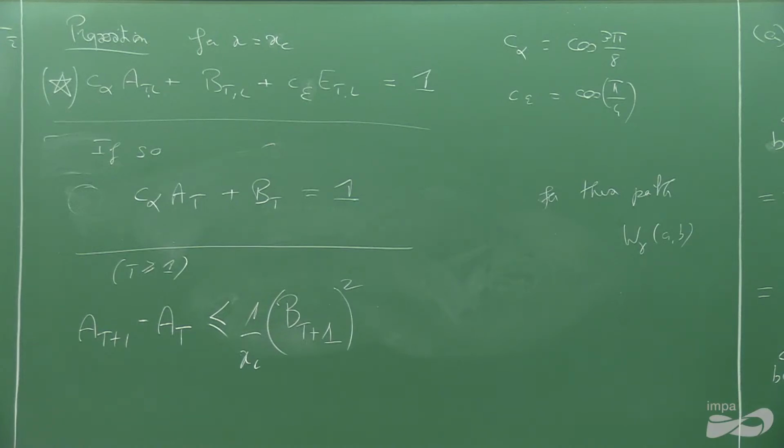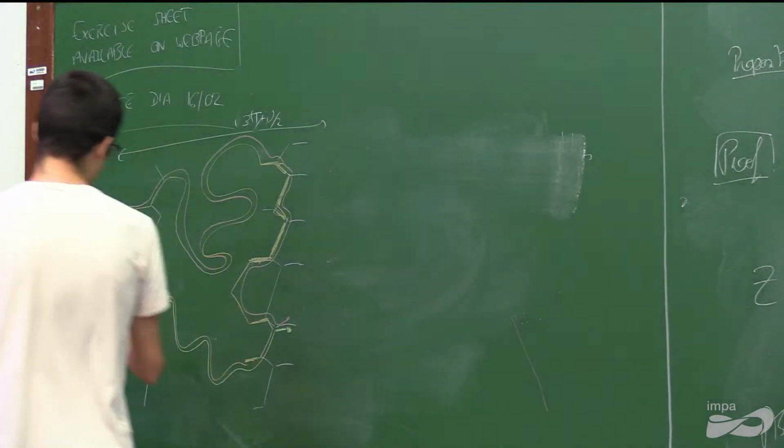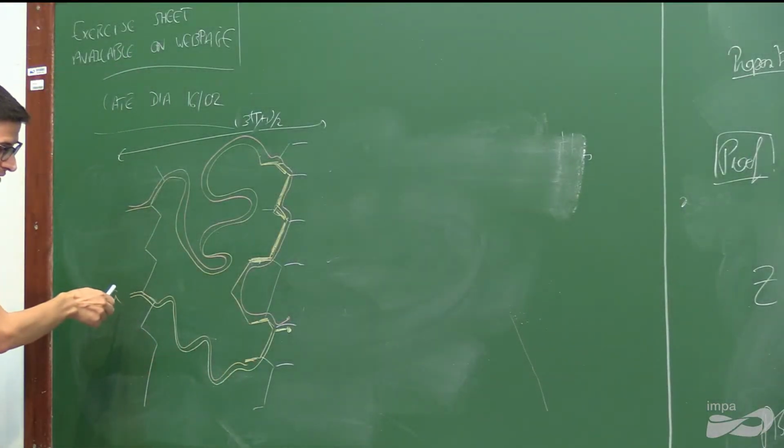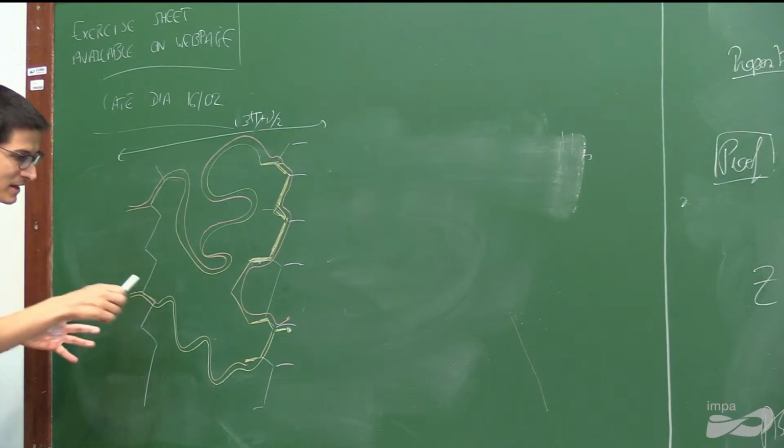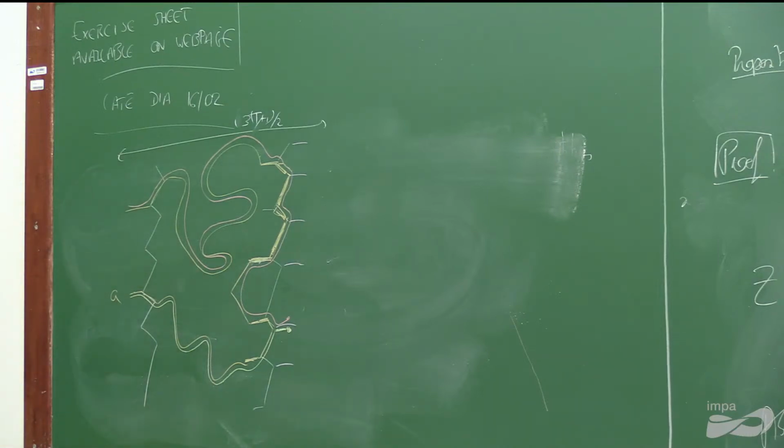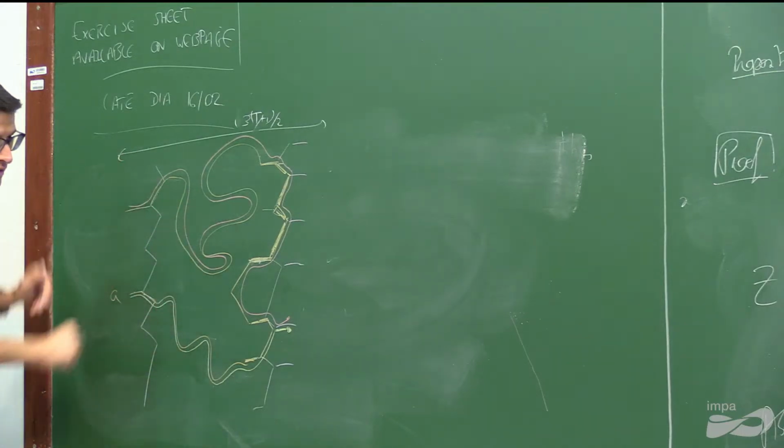Do you agree with this? If you have a path that contributes to A_{T+1} without contributing to A_T, you can encode it by taking two bridges.